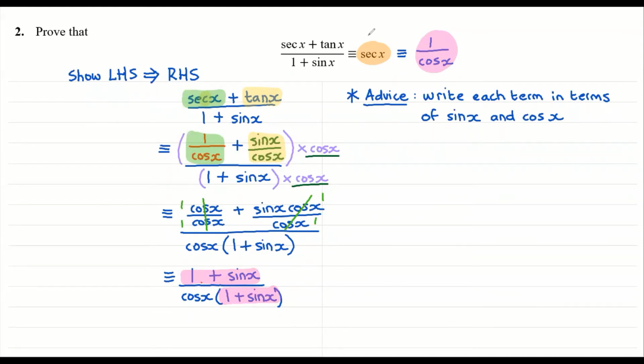So this will all cancel, this will all cancel, and we are left with the thing we wanted, which is 1 over cos x. And as we know, that's identical to sec x, which is the right-hand side. So we seem to have shown that.